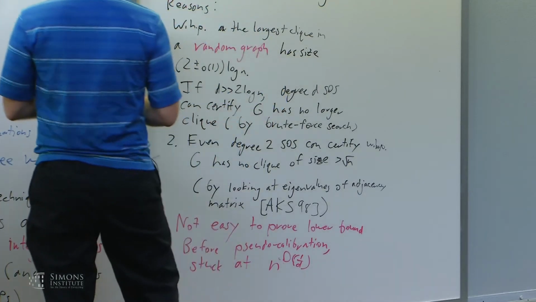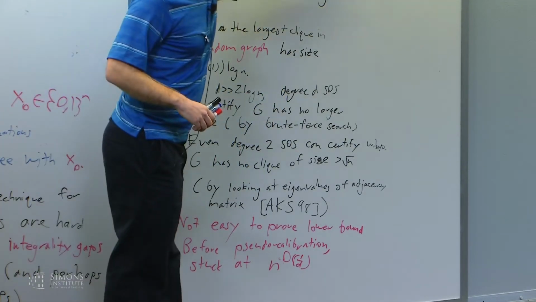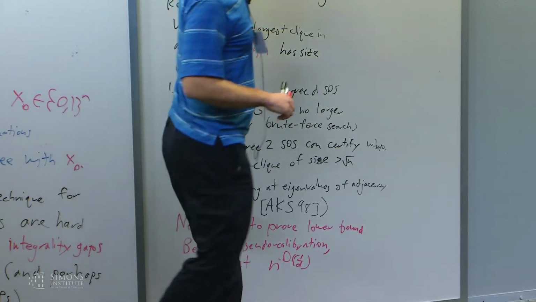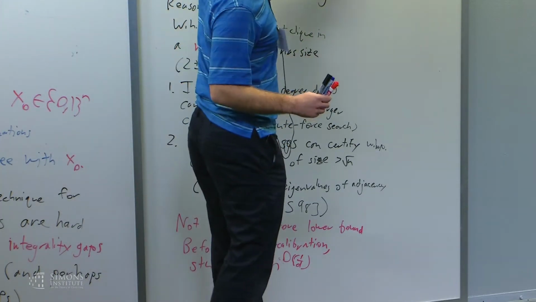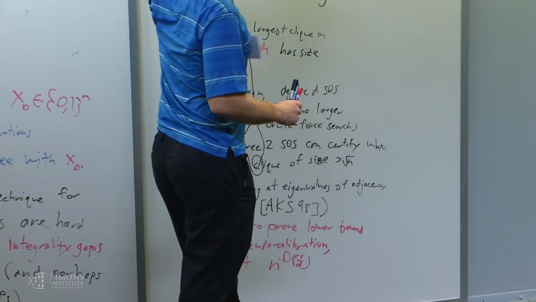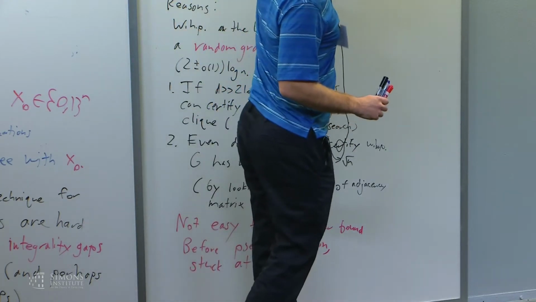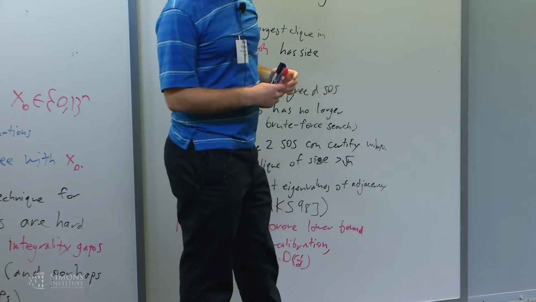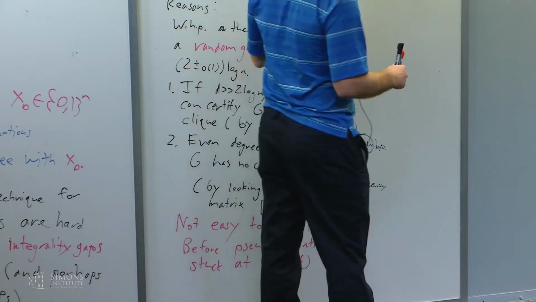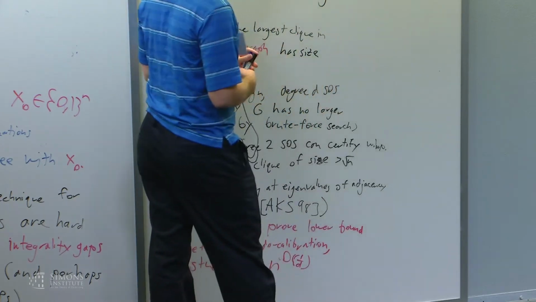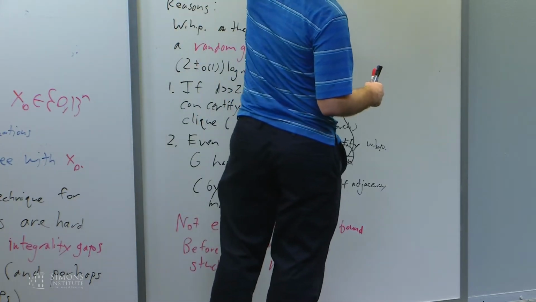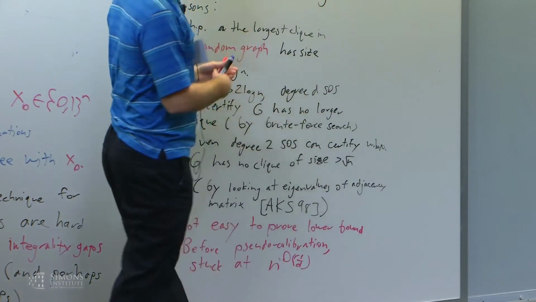Okay, and now for random 3 XOR, a classic result of Grigoriev says that as long as the number of clauses isn't too large, then even very high degree sum of squares thinks that they're all solvable. And for this result, you don't need pseudo calibration.